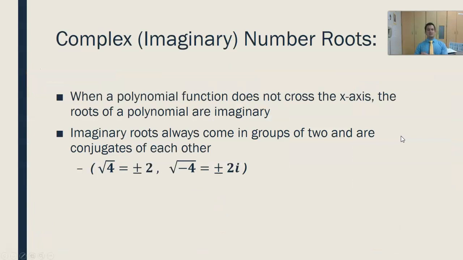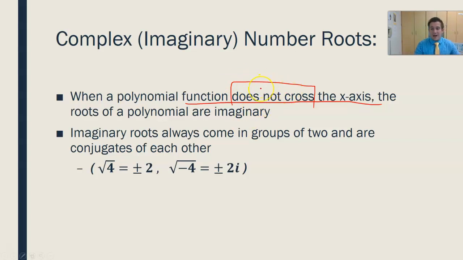Okay, let's step it up a little bit. Complex numbers, we just finished in section 2 of this unit talking about complex or imaginary numbers. So when a polynomial function does not cross the x-axis, does that mean the fundamental theorem of algebra no longer exists? No, it doesn't. The fundamental theorem of algebra is all-encompassing. It doesn't lie.